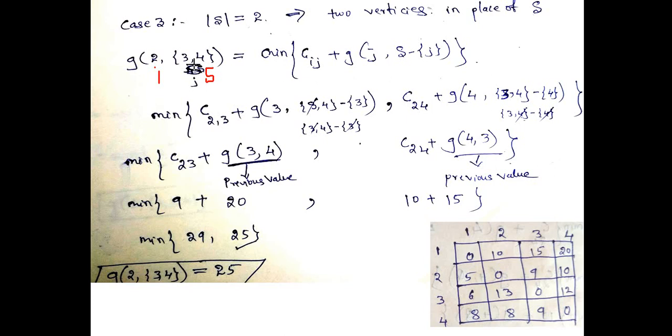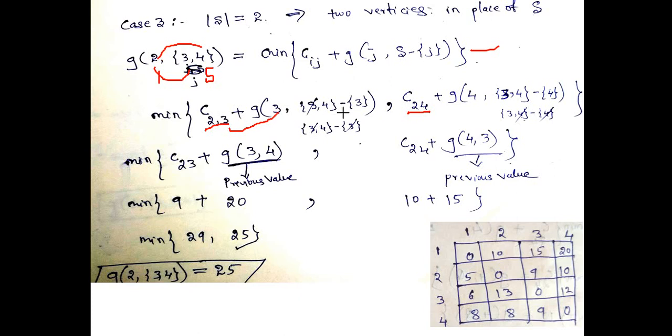Now case number 3, that is mod S equal to 2. 2 values. This is I, this one is S, and J value is also the same. Now minimum, same formula, minimum C of 2 3. First we have to calculate 2 to 3, then 2 to 4. Like that we have to calculate.